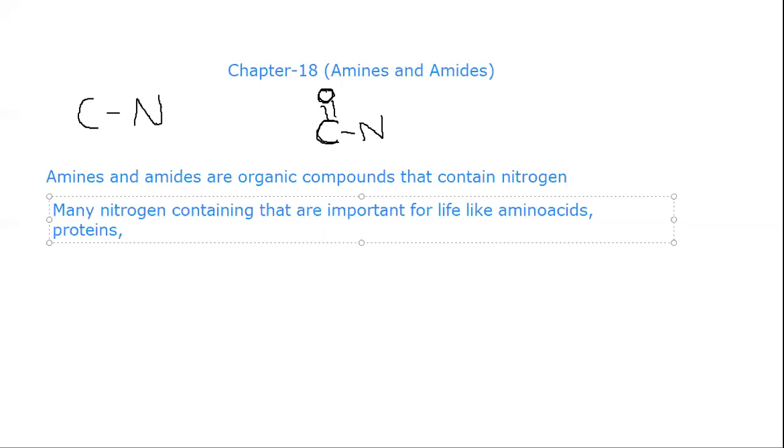Proteins are made of amino acids, so proteins contain nitrogen. Nucleic acids, DNA and RNA, contain nitrogen. So you guys can see chapter 19 is about amino acids and proteins. Chapter 20 is about enzymes, which contain nitrogen. And chapters 21 and 22 are about DNA and RNA.